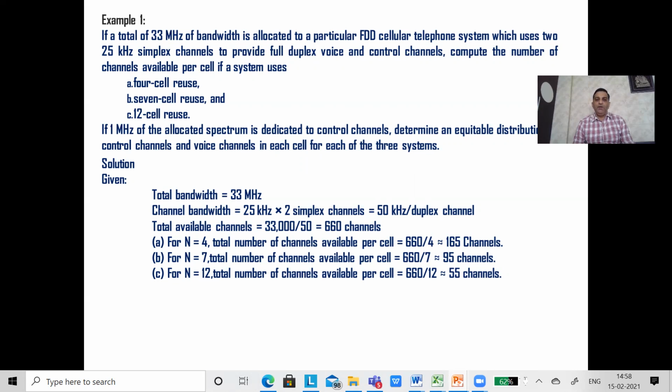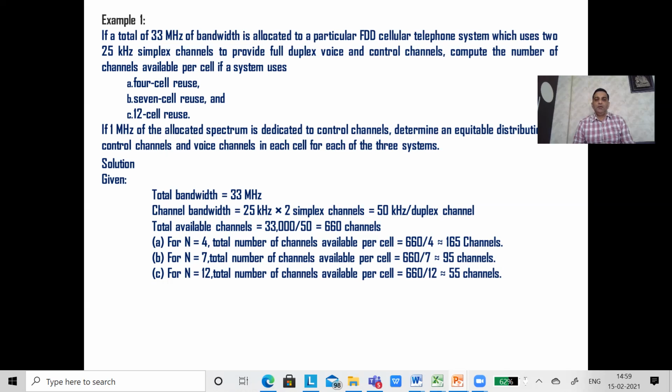Point A indicates 4 cell reuse pattern. So 4 cell reuse is nothing but cluster size capital N equal to 4. To calculate the number of channels available per cell for capital N equal to 4, it is 660 by 4, and that is nothing but 165 channels.